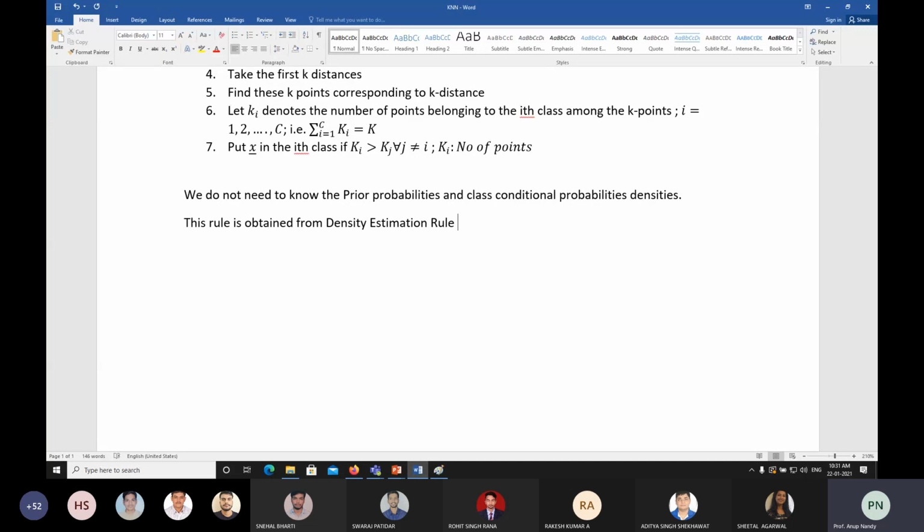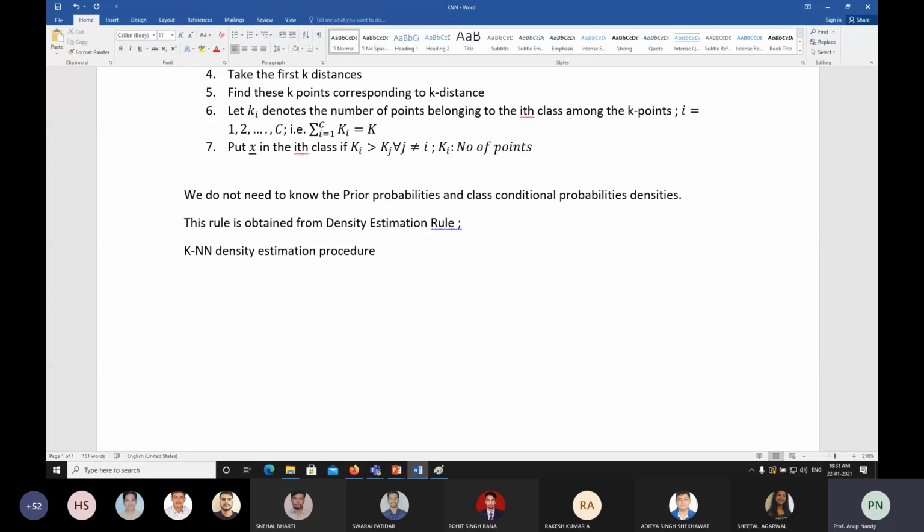This k-nearest rule, KNN, is obtained from the density estimation rule, and it is called the KNN density estimation procedure. We'll see what the KNN density estimation procedure is, from where you can derive this k-nearest neighbor decision rule.